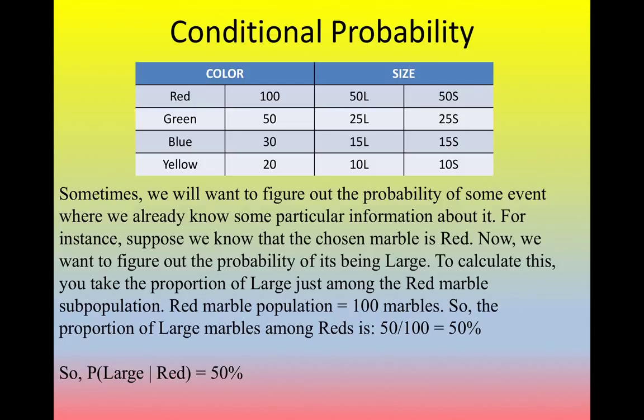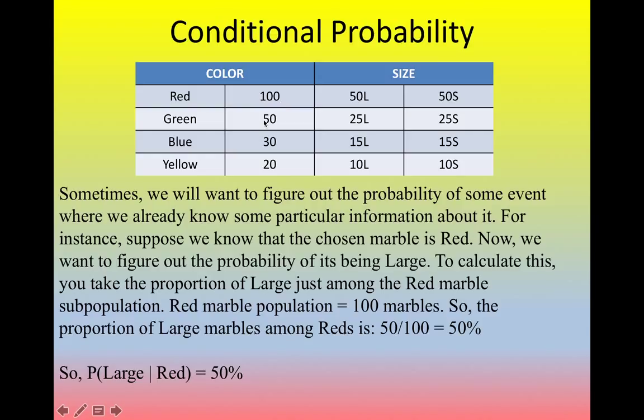So you calculate this conditional probability by putting the number of large marbles as the numerator and the number of red marbles as the denominator. Not the total population, but just the number of red marbles as the denominator. So that comes out to 50%. You have 50 large marbles among the reds.